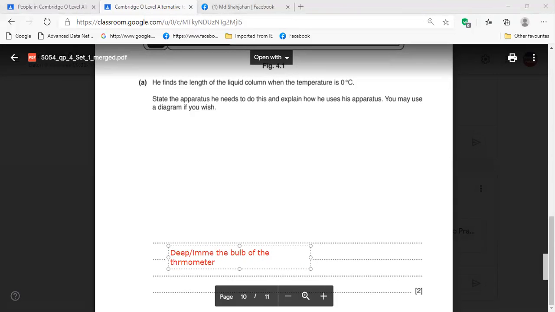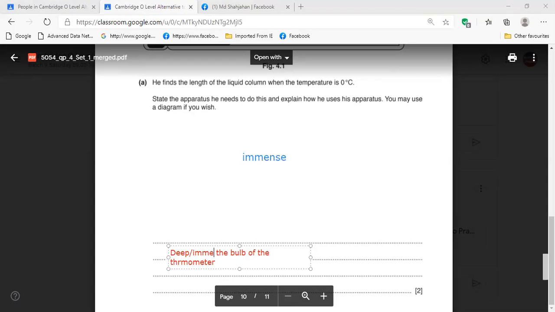Is it a similar word to dip? Yes, sir. Immerse is the appropriate word.